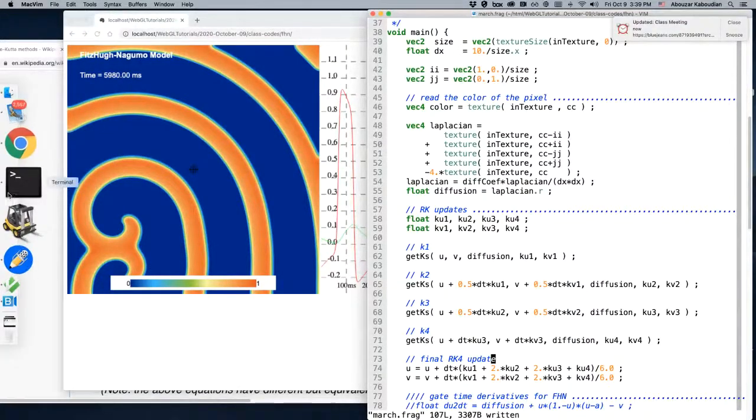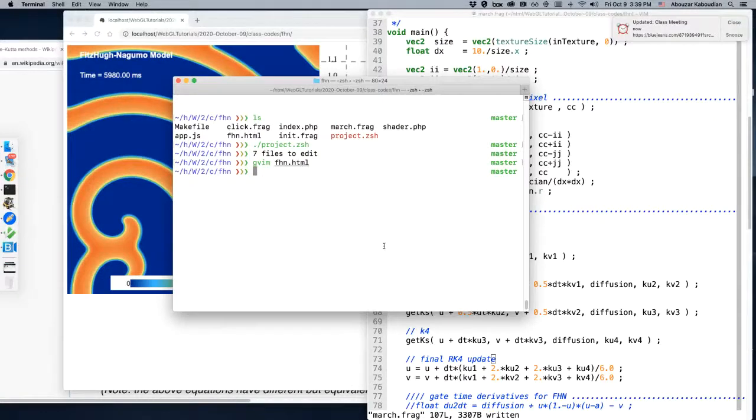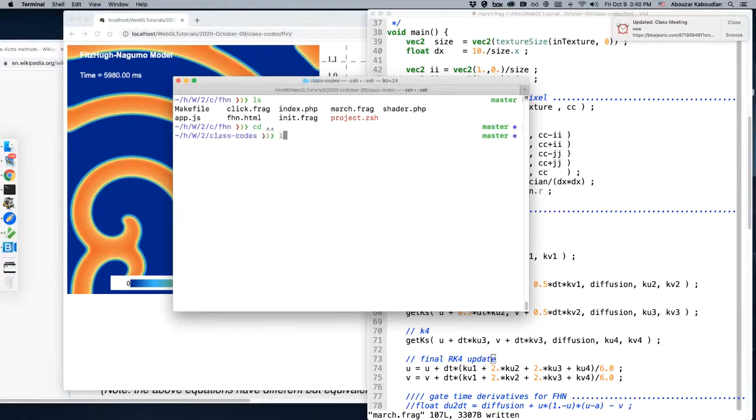So we can do it a little bit differently as well. So we have the class code. I can do a second version.